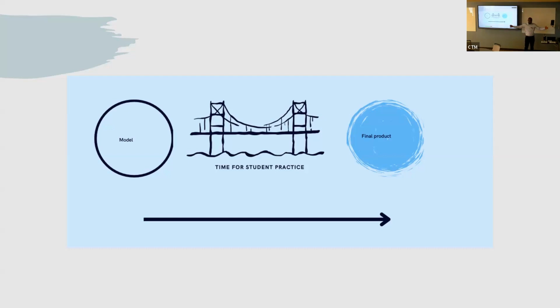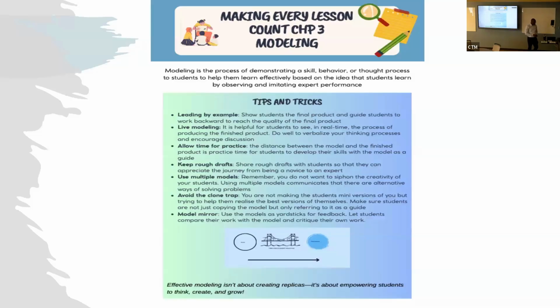But in between those two times, you need time for practice, right? Which we are going to talk about in a few minutes. So this is a one pager of what we've just talked about. I like one pagers. It's a summary of everything we've talked about today and modeling.